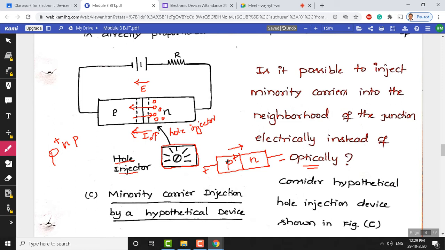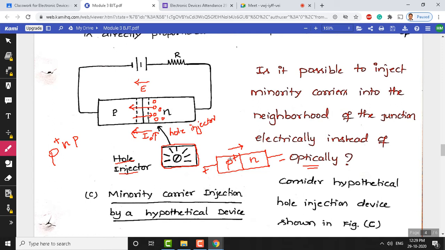I hope you got an idea of this hypothetical device, the reverse biased PN junction and continuous hole injection through this hypothetical device. When you replace that with a forward biased P plus N junction, and the other is already reverse biased, you can establish the relationship between these regions, and you can understand it is nothing but a P plus NP transistor.